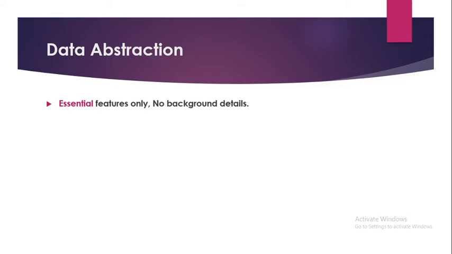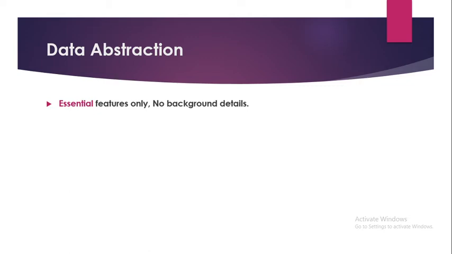Only this information is essential for me. I will not collect the remaining or extra data, or background details, such as bank balance, who the relatives are, or the native place. I am not going to collect these details because they are not essential for me.